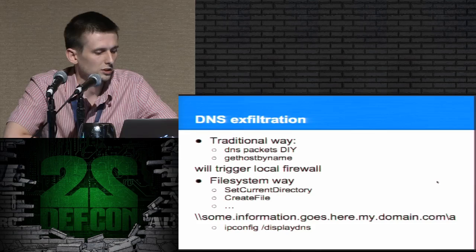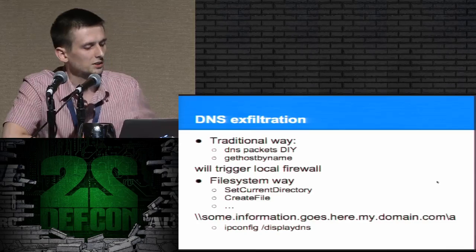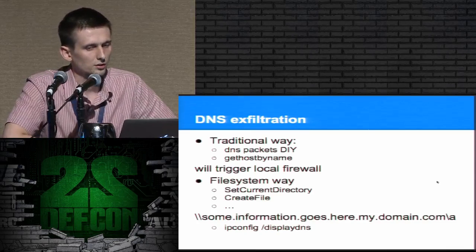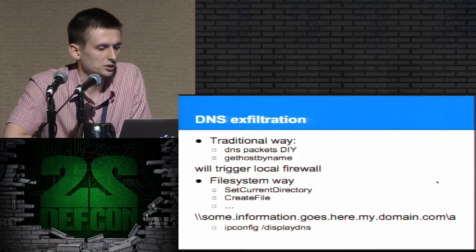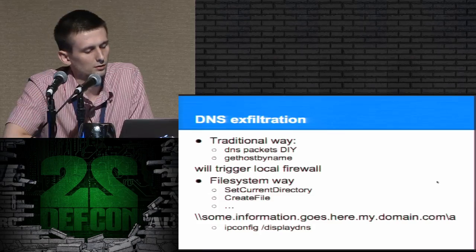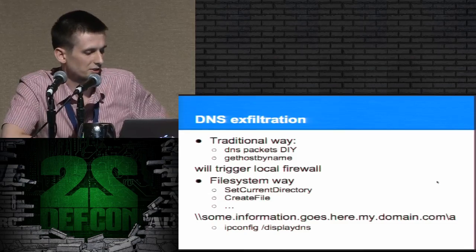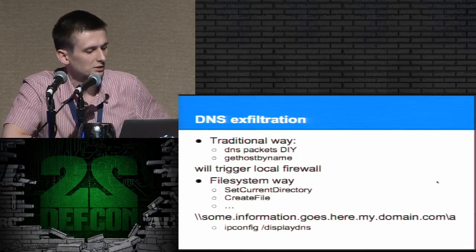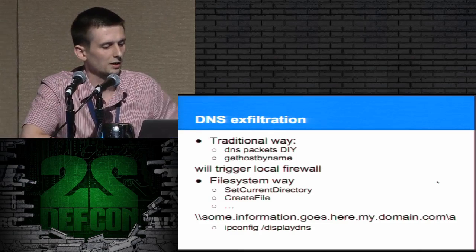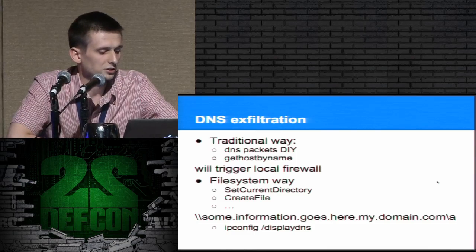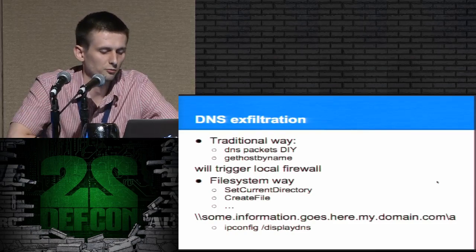If you would like to get some information back from a DNS server without using any network connections, you should use, for example, ipconfig /displaydns, and you will see that there are a lot of DNS replies cached by the DNS client for you, and you could extract from there.